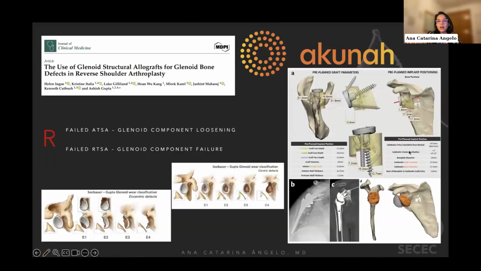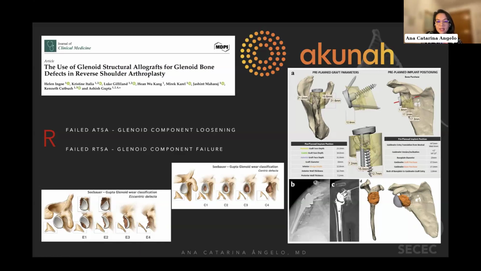And then for more complex cases, for the revision cases in which you have this very, very big and usually very unique to that patient bone loss, you have also other solutions. You can have composite allografts or femoral head allografts, or even humeral head allografts that can be shaped with the aid of these software to sit and fit on your defect.